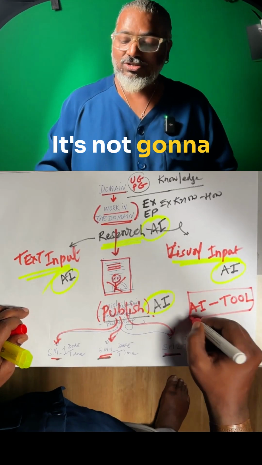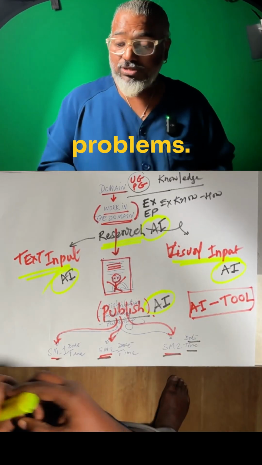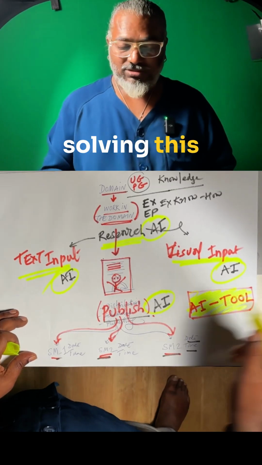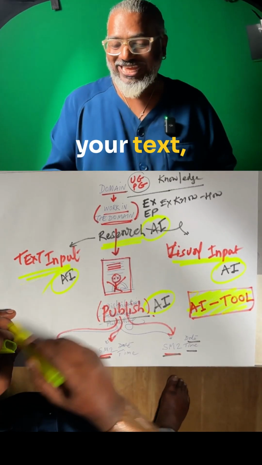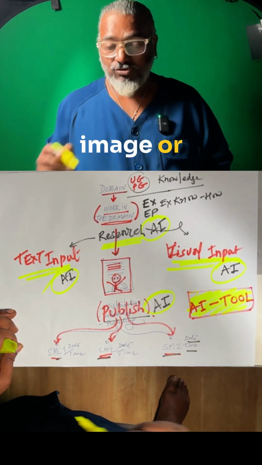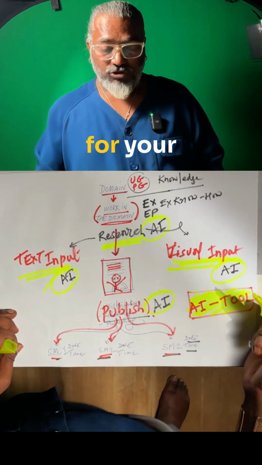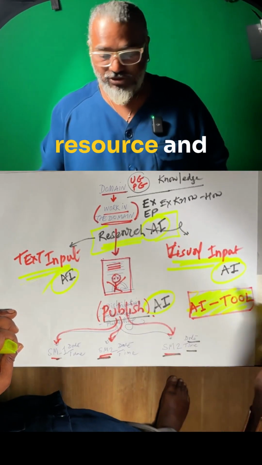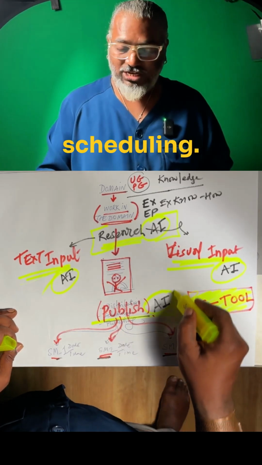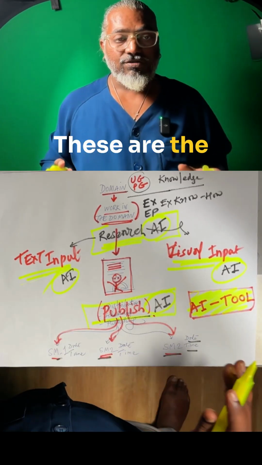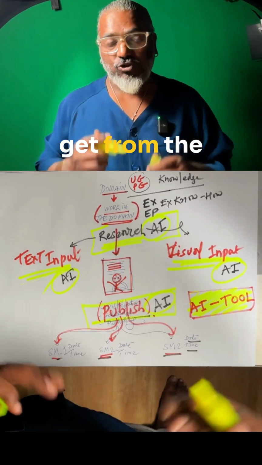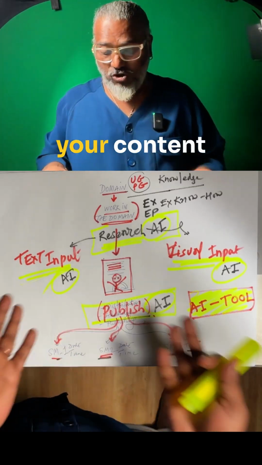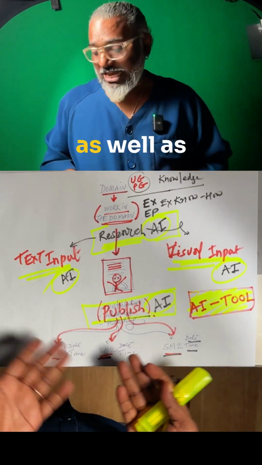It's not going to solve all your problems, but it is very good at solving individual things: editing your text, generating images or videos that you need for your content, in-depth research, and scheduling. This is the help you get from AI, and that's how you should make use of AI in your content creation as well as distribution.